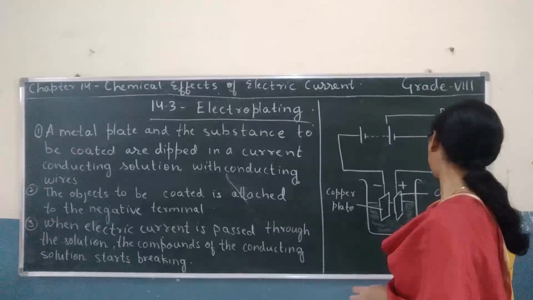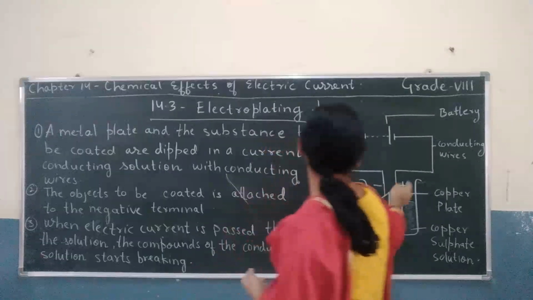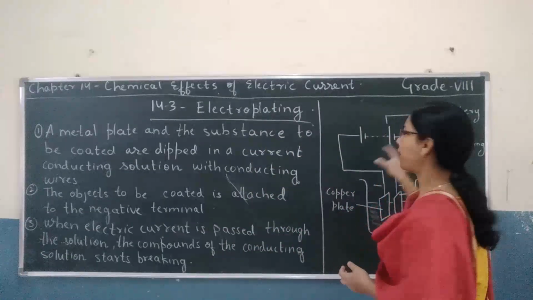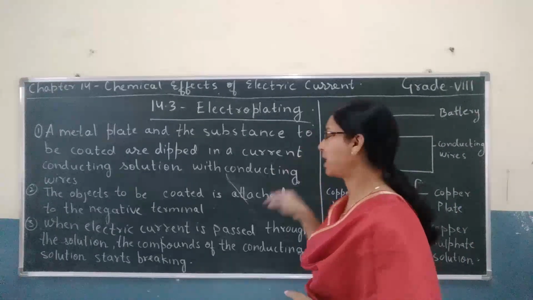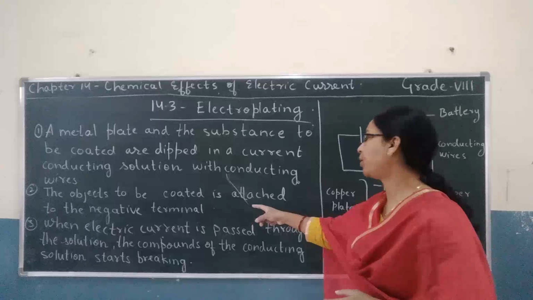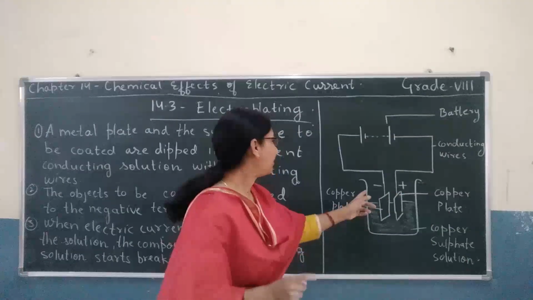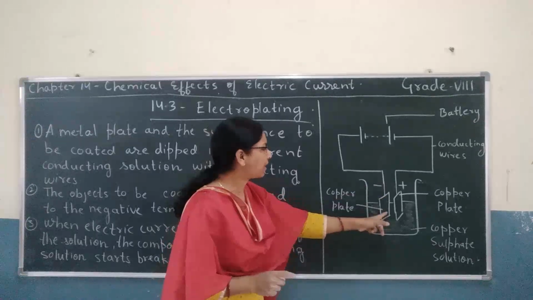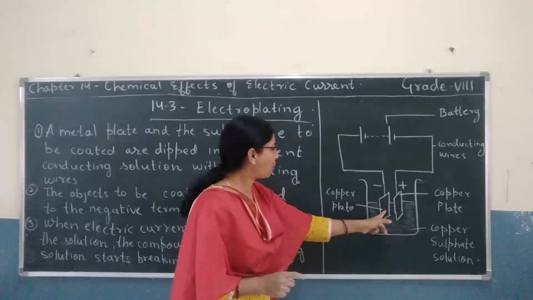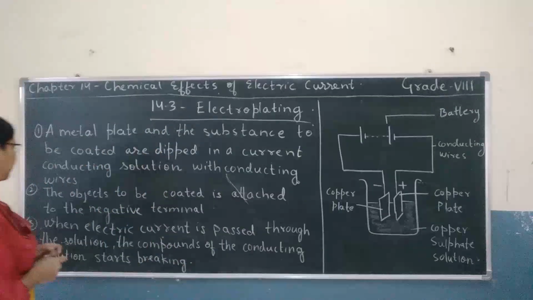This is the solution of copper sulfate, and it is held with the help of conducting wires so that the current passes throughout. Next step is the object to be coated is attached to the negative terminal. Here you can see this is the negative terminal and this object is to be electroplated.